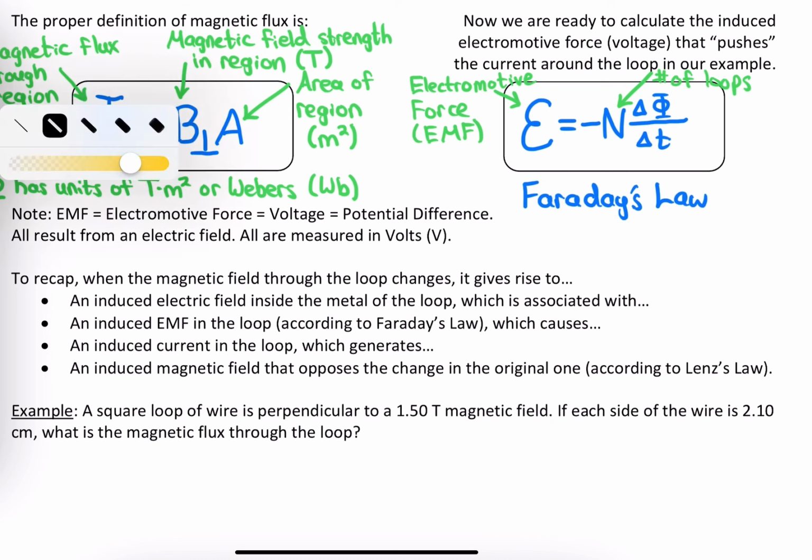Now, one other thing in Faraday's law that I want to address is this negative sign. That negative sign has to do with Lenz's law. It's basically a reminder that the induced magnetic field will oppose the change that caused it.